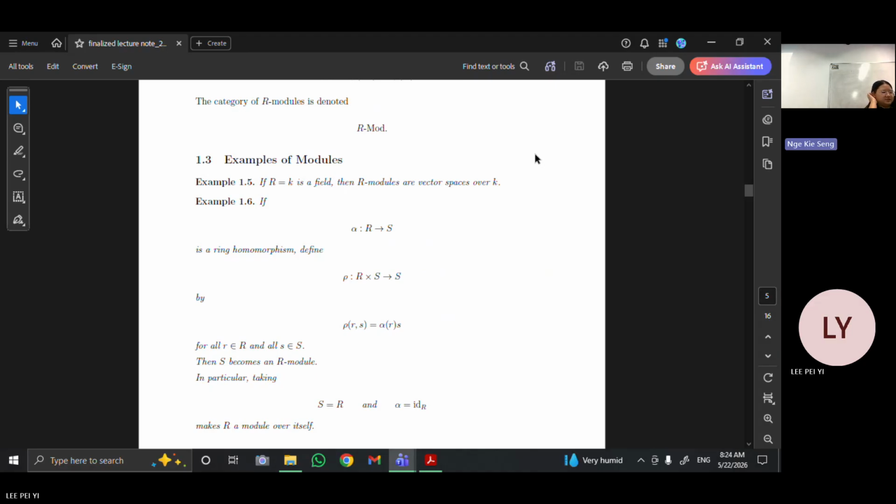And the next example: if R equals K is a field, then R-modules are precisely vector spaces over K. This example shows why module theory is a generalization of linear algebra, and every vector space satisfies the module action.